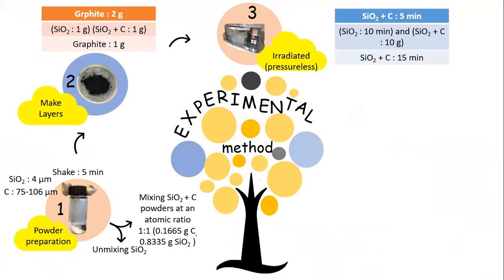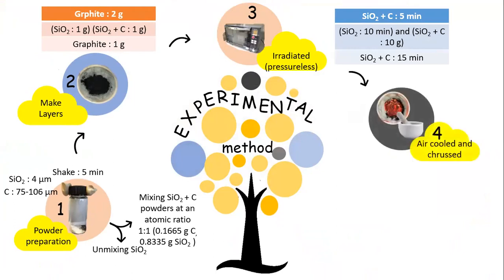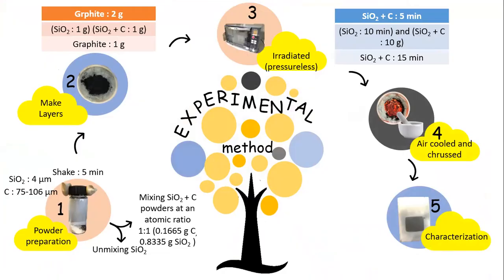The one sample of unmixing silicon oxide was treated for just 10 minutes. After the heating was completed, the crucible was air-cooled to room temperature. And we removed the product from the crucible and crushed it into fine powder using mortar and pestle. Lastly, the samples were characterized by XRD and we examined it.